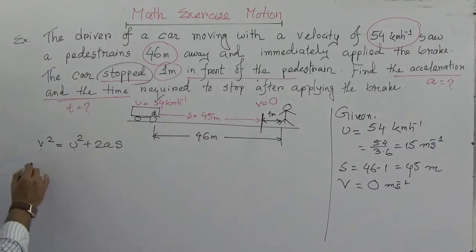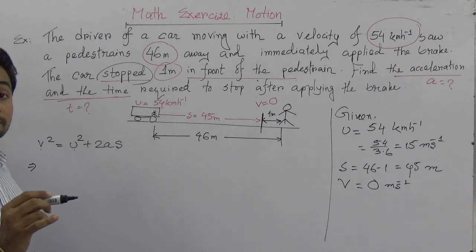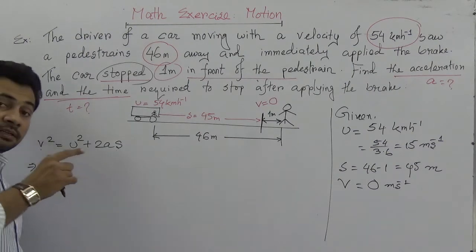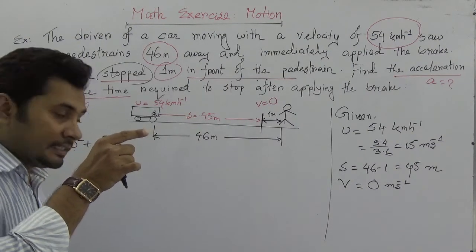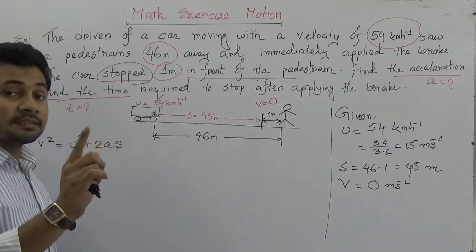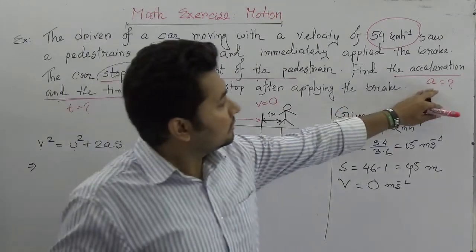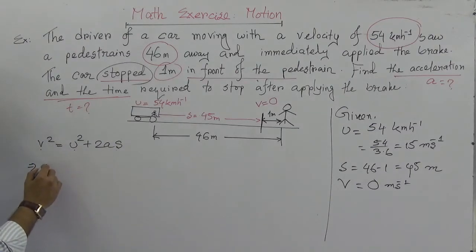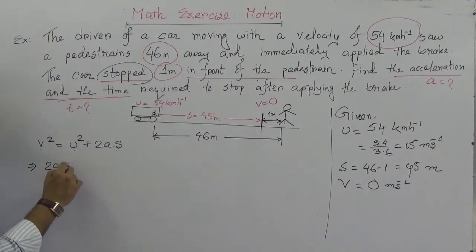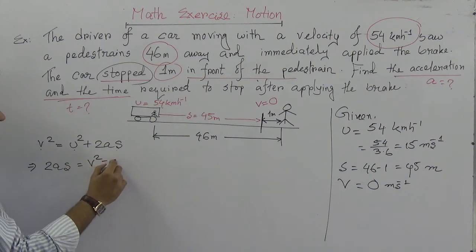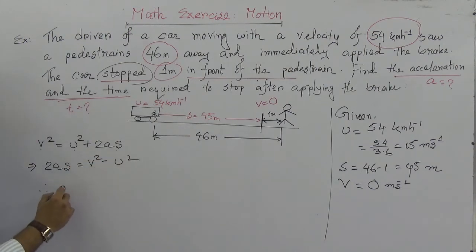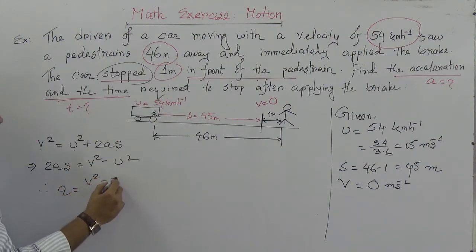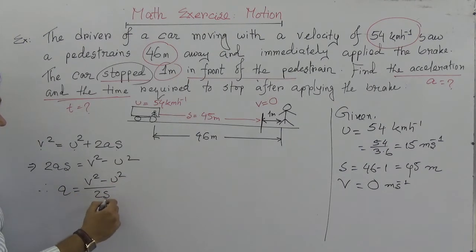Here some students will apply the data differently, but I suggest that the required value should be on the left hand side. So we can say 2as is equal to v squared minus u squared. So a would be (v squared minus u squared) over 2s.